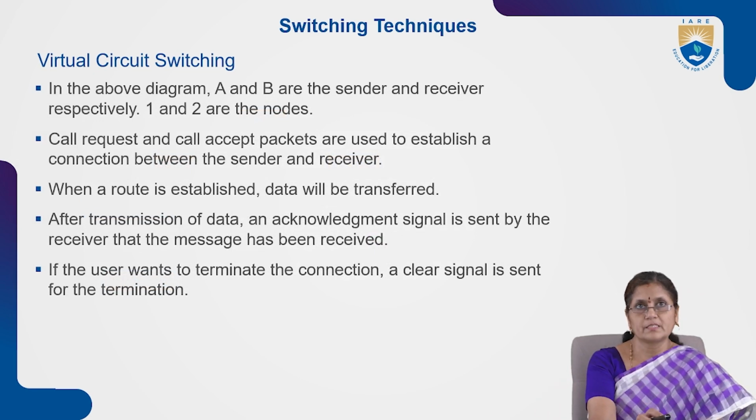So this concept is explained here. A and B are the sender and receiver, and 1 and 2 are the nodes. Call request and call accept packets are used to establish a connection between the sender and the receiver. When the route is established, data will be transferred. After transmission of data, the receiver will send an acknowledgement that it has received the data, so that the message has been received.